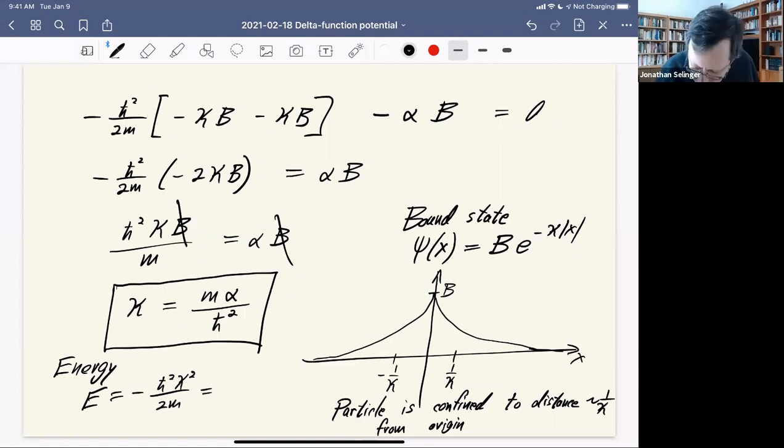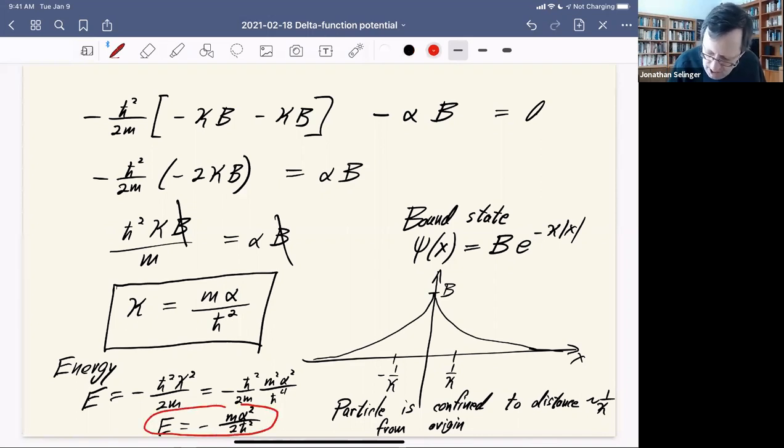And so that is negative ħ² over 2m, and then κ² is m²α²/ħ⁴. So negative mα² over 2ħ². Okay, so that's the energy of this state.